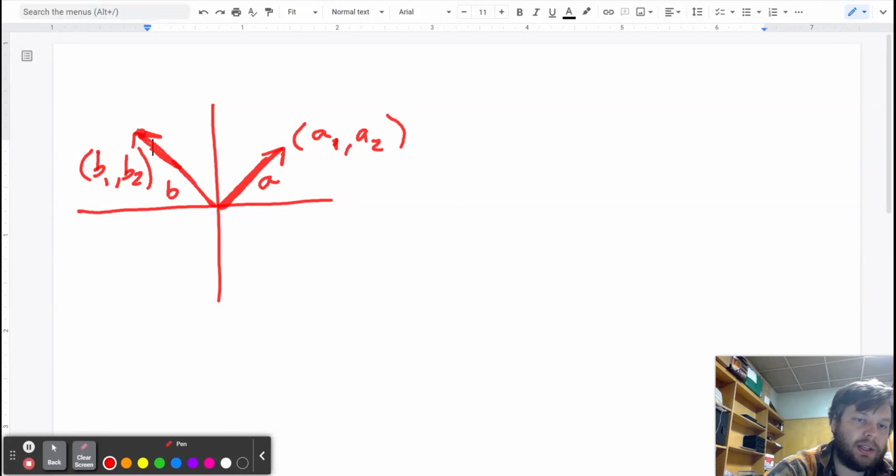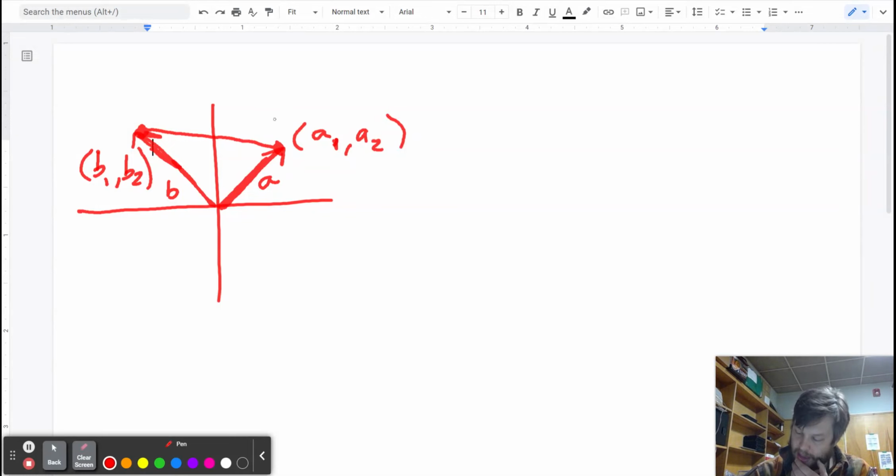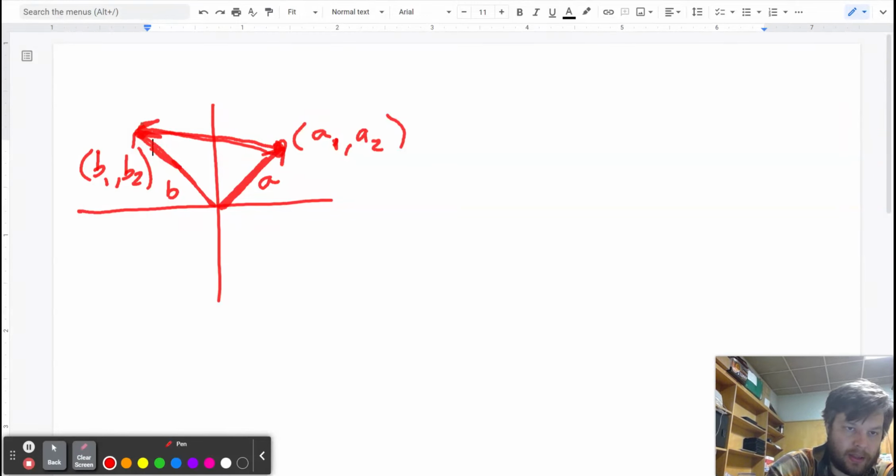And if we connect like that, it forms a triangle. And that third vector right there, from point A to point B, is B minus A.